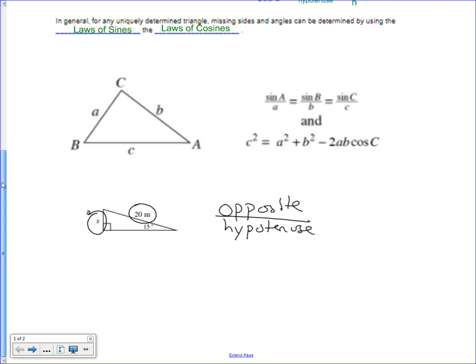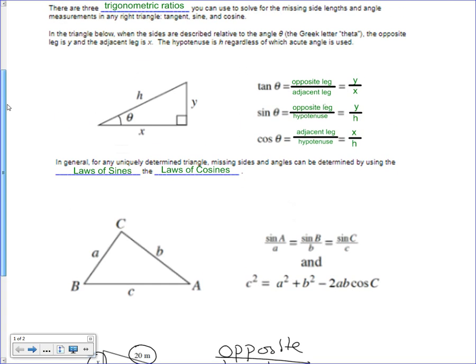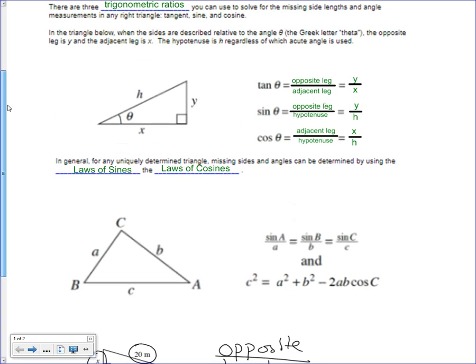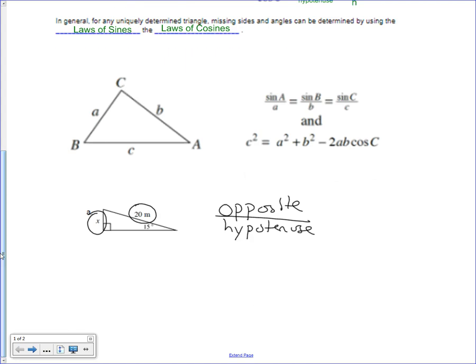So we want to look back at our rules and say, okay, opposite leg over hypotenuse is sine. So we know that the sine of 15 degrees is going to be equal to the opposite length, which is x, over the hypotenuse of 20.